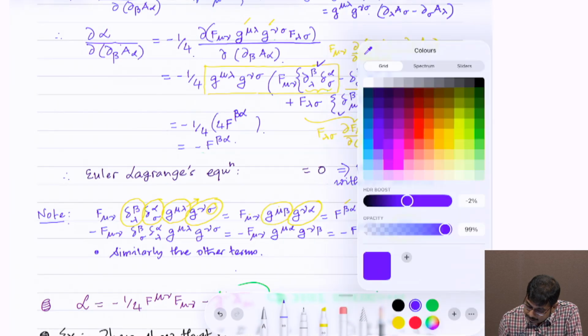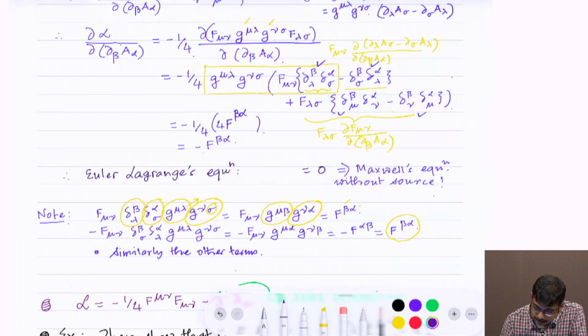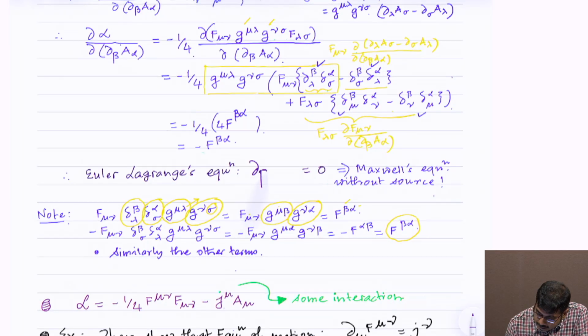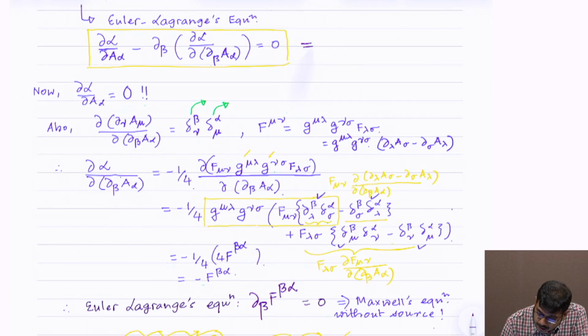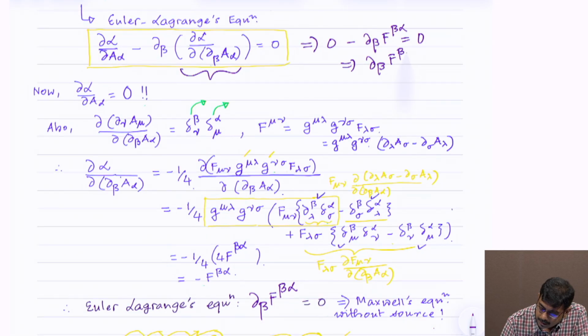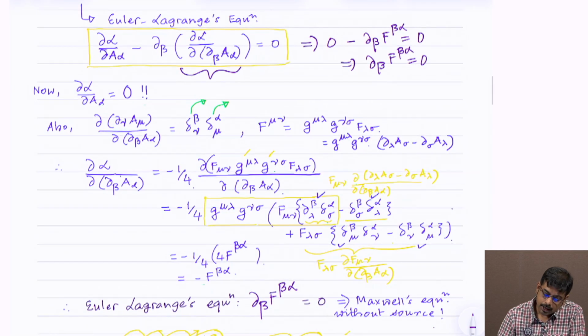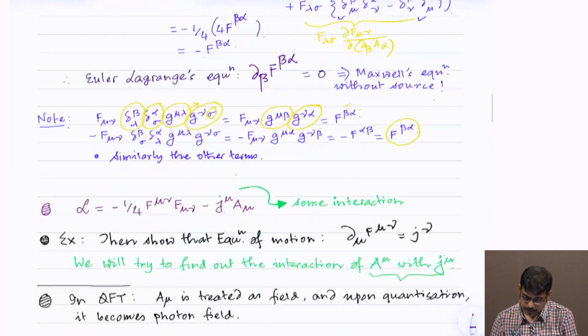The bottom line once again is that we are going to get Maxwell's equation, which is del beta f beta alpha equal to 0, because in the Euler-Lagrange equation the first term is 0, and the second term gave you f of beta alpha. So together you essentially have del beta f beta alpha equal to 0, and this is nothing but Maxwell's equations for the sourceless case.